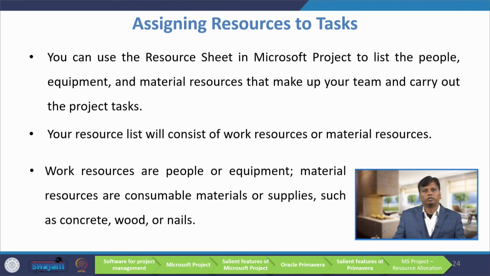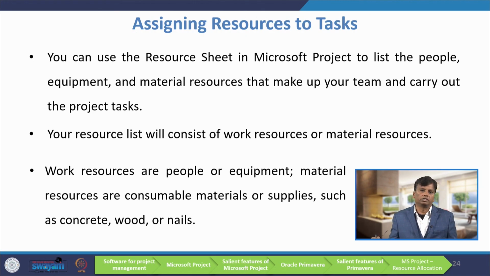Now, we will discuss assigning resources to tasks. You can use the resource sheet in Microsoft Project to list the people, equipment and material resources that make up your team and carry out project tasks. Your resource list will consist of work resources or material resources.